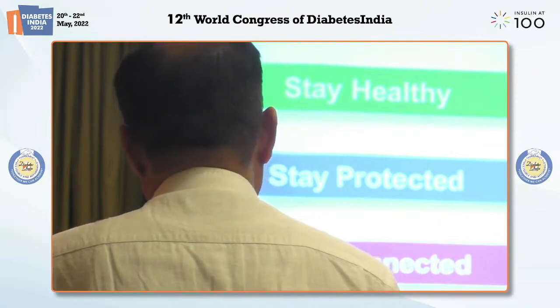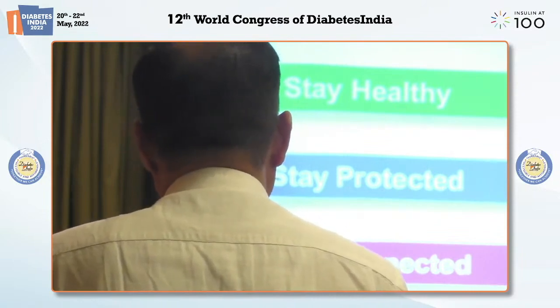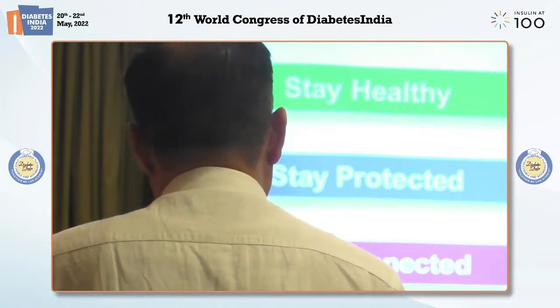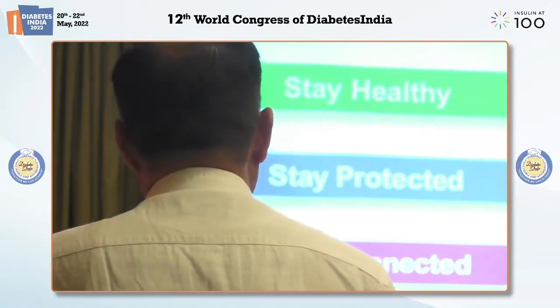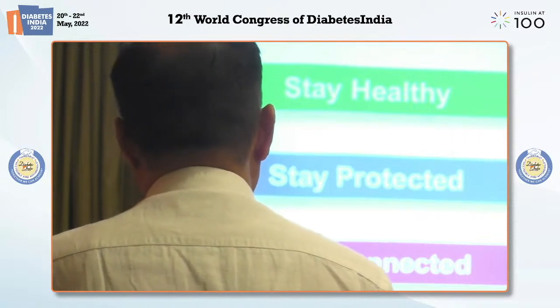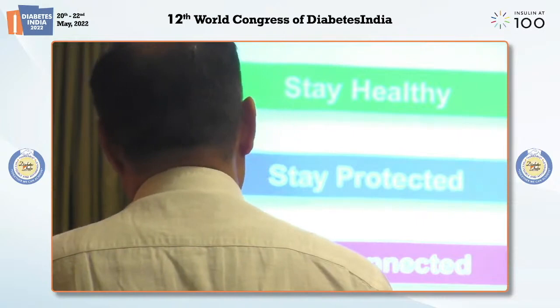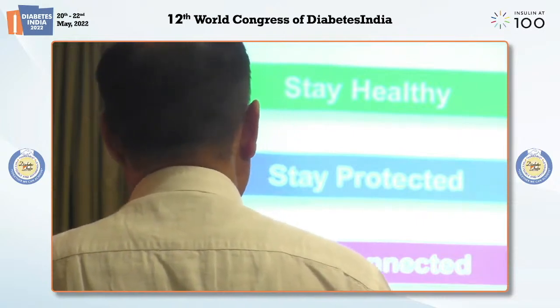But as of now, the recommendation is that if you follow a meal plan that does not alter the microbial composition, then it will be beneficial.